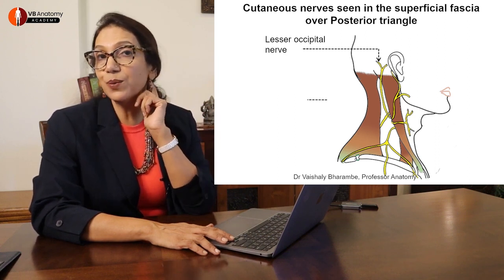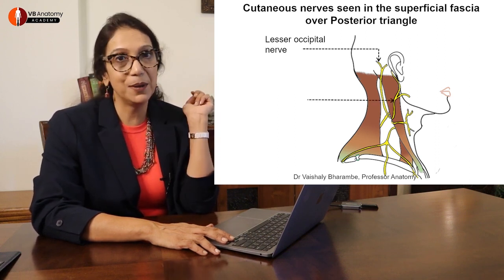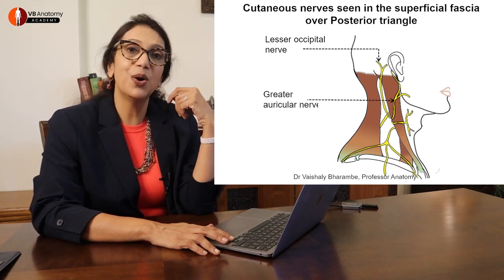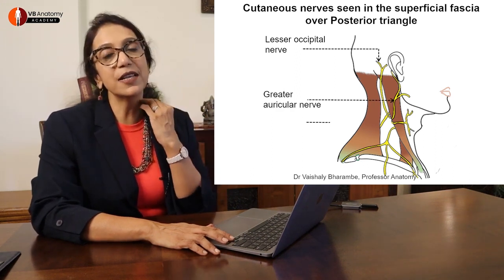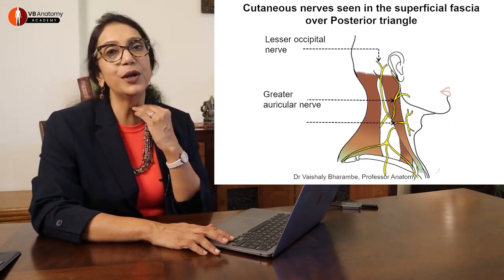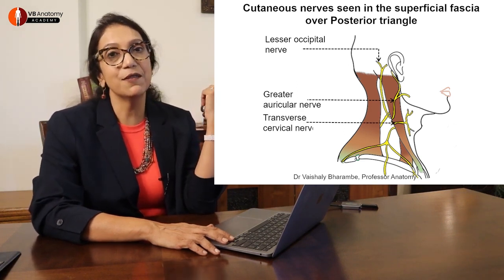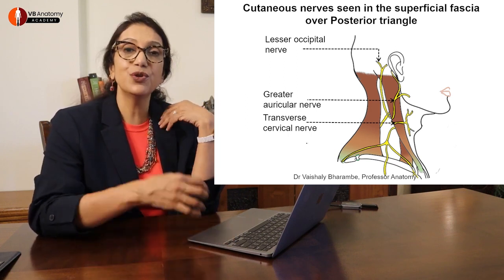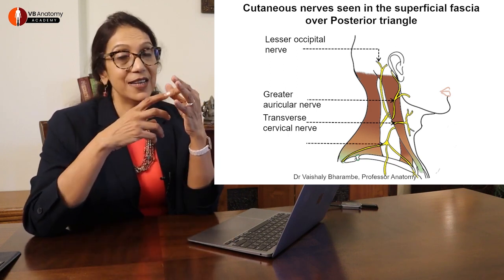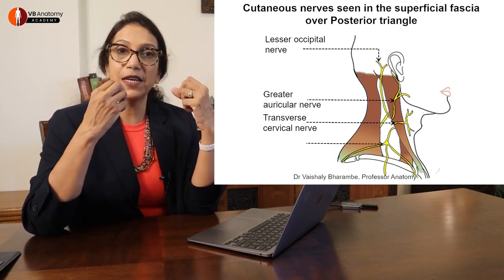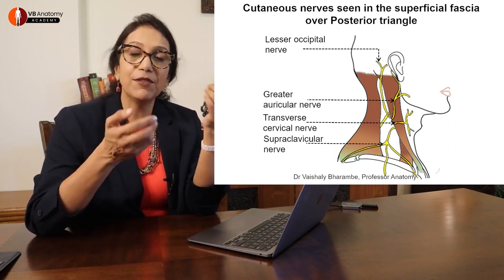The nerve that goes towards your ear and angle of mandible, called the greater auricular. The nerve that transversely crosses your sternocleidomastoid to supply the anterior region of the neck, transverse cervical. And the nerve that goes towards your clavicle. There are 3 nerves actually. One nerve dividing into 3, supraclavicular.